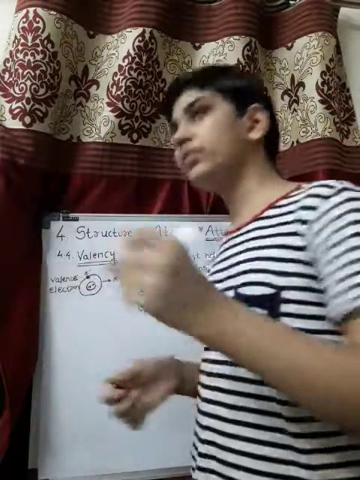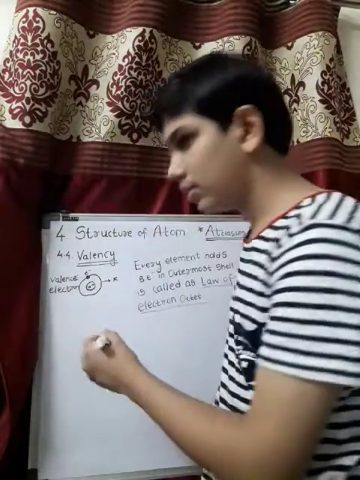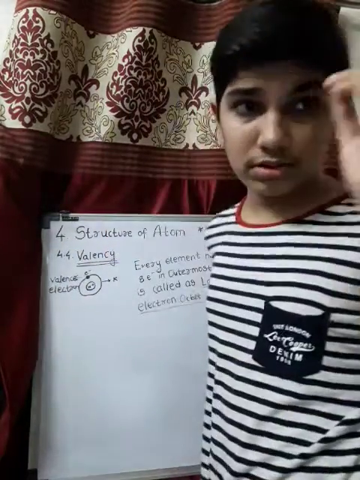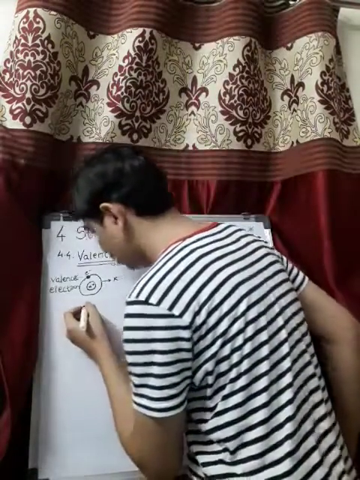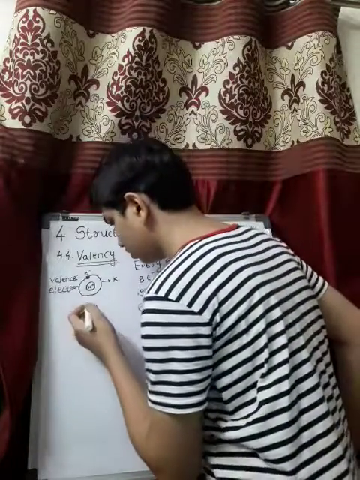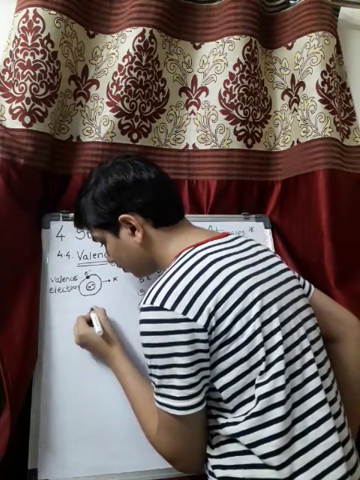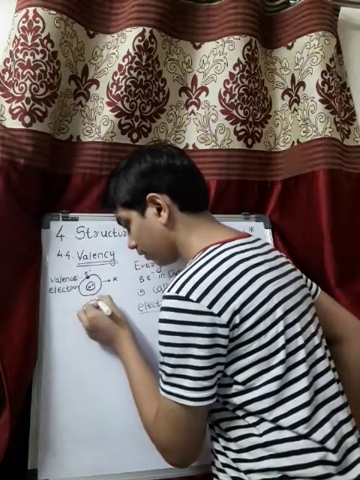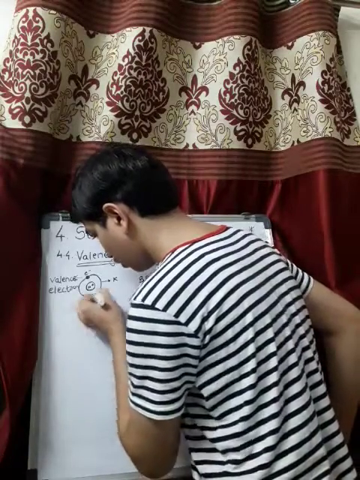Right? Now let us take fluorine. Fluorine has 8 in the outermost shell.